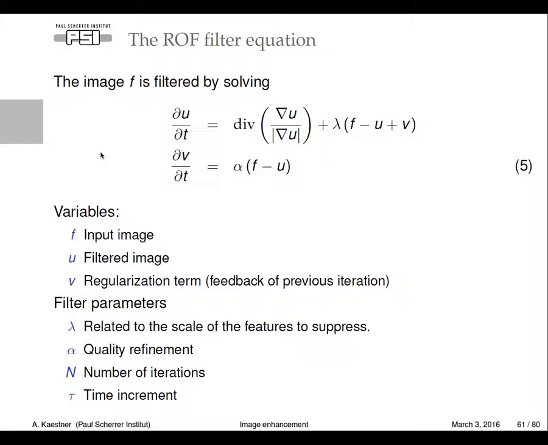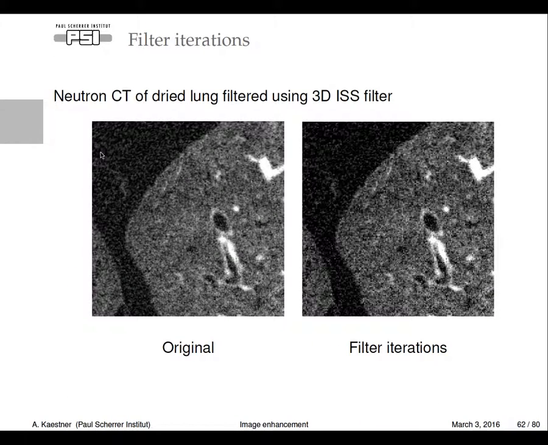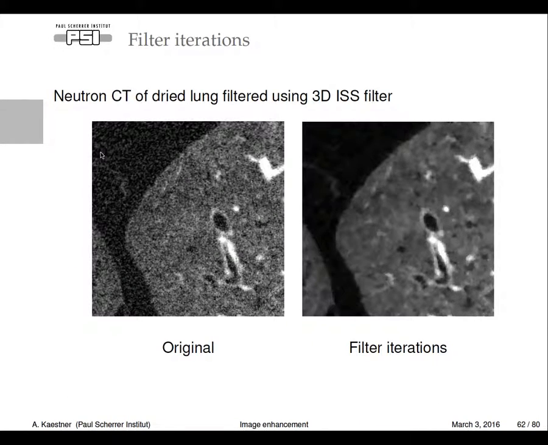The equation looks like this. We have the image, a curvature part, and this is the fidelity part, and then you have the regularization parameters to make the whole equation robust. Actually, there are 4 parameters that you have to tune and select in this filter, which makes it a bit difficult to work with in the beginning, but you can get really nice results.